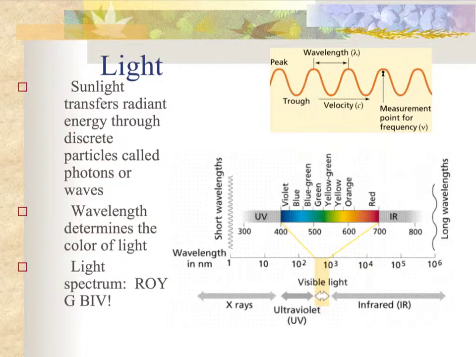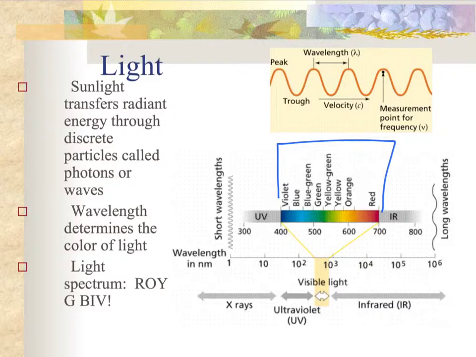Okay, to talk about photosynthesis, we have to talk a little bit about light. So this is our visible light spectrum right here. Sunlight transfers radiant energy through discrete particles called photons or waves. There's a wave-particle duality of light, where some argue that a light wave is simply a wave, and some people argue that there's little packets of material called photons that are light.